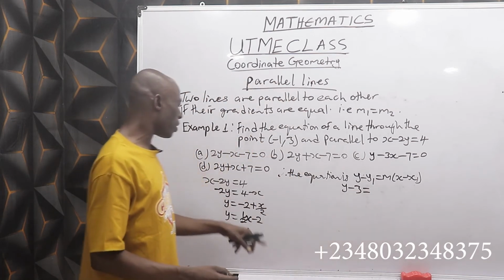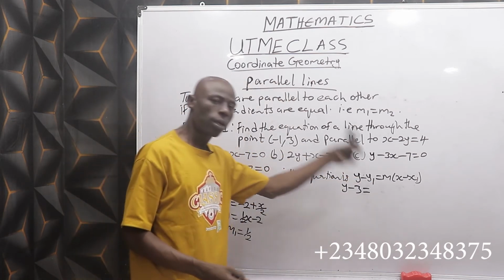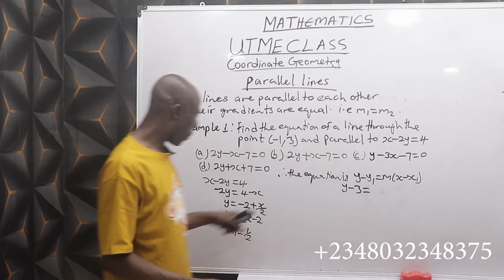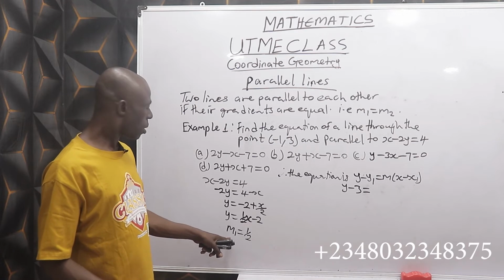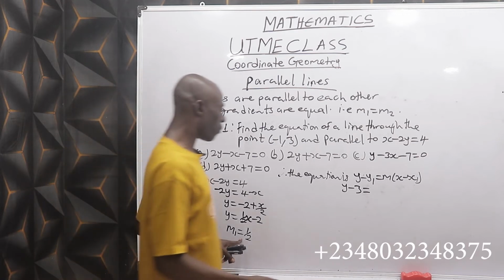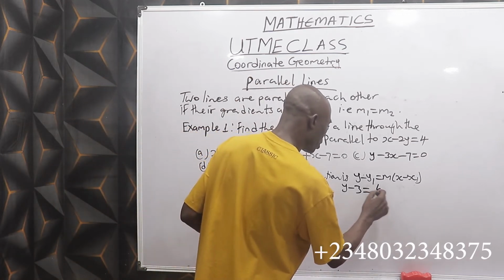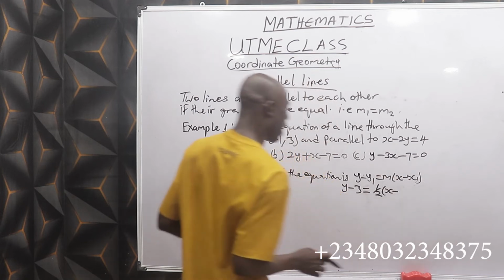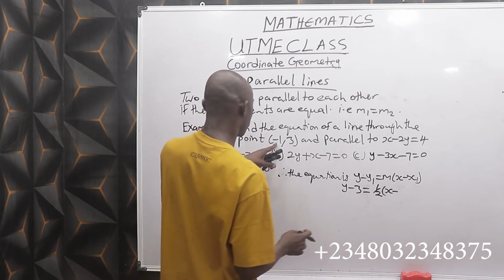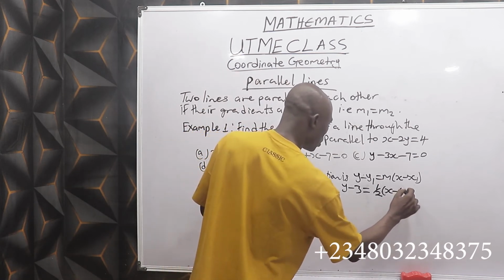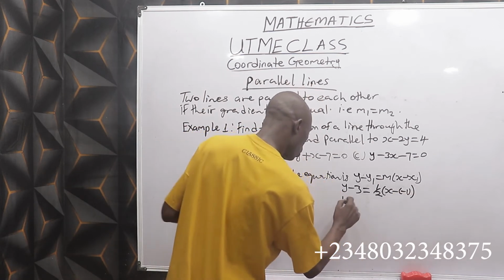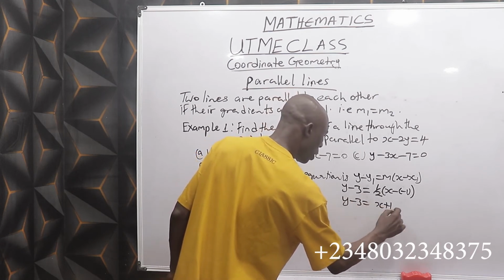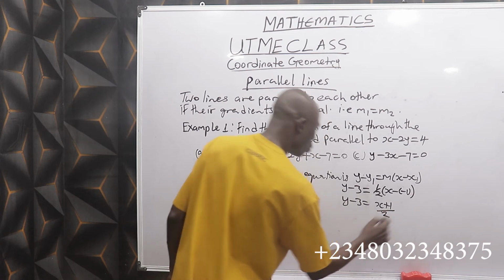The m is the gradient of this equation, which must be equal to the gradient of the given equation, the parallel equation. And the gradient of that is half, meaning this also will be half into x minus, what is the x1? x1 is negative 1. So y minus 3 equals x plus 1 over 2.